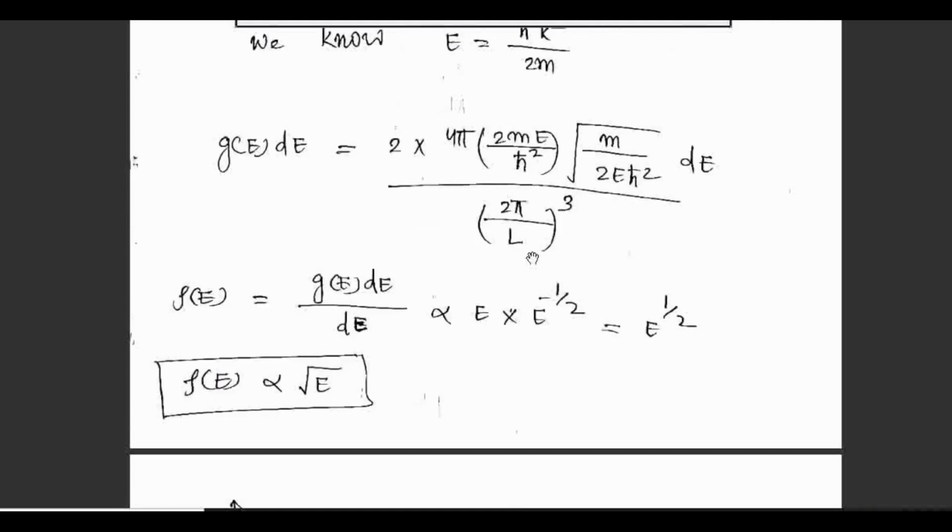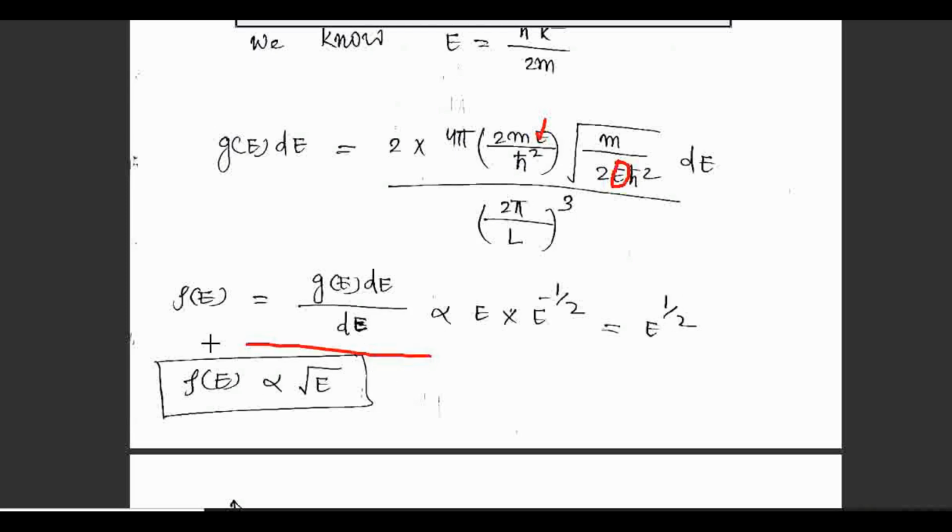Now after solving this, just see where E is present. E is present here in the power of 1, and there is another E in the power of minus 1 by 2. After multiplying, you will get E to the power 1 by 2.